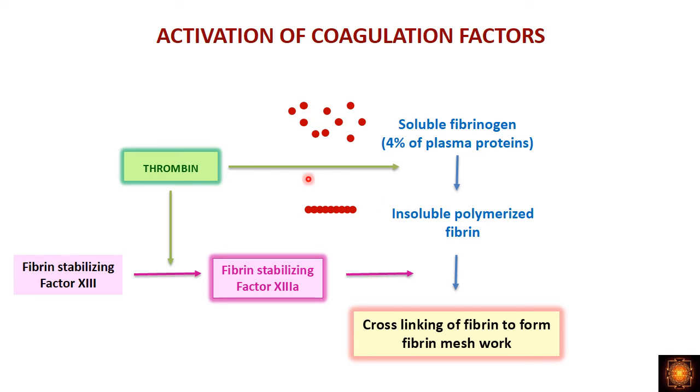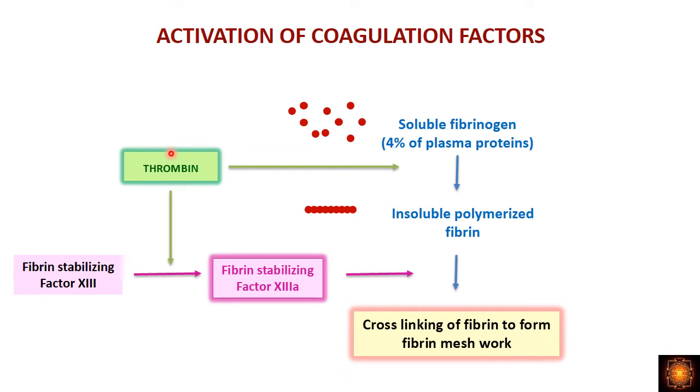Okay, and then the thrombin also acts on factor 13, converting it into the active form. Now this activated factor 13A further acts on insoluble polymerized fibrin to form the cross-linking. So you have a cross-linking of the fibrin which forms a fibrin meshwork. This is how the thrombin acts, converting the fibrinogen to fibrin.